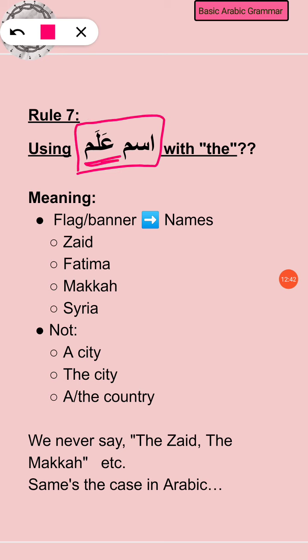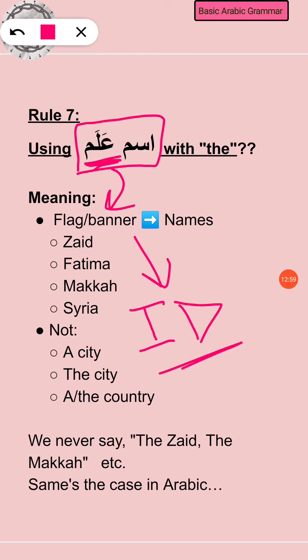Alam is the Arabic equivalent of a flag or a banner. And what do banners do? They are the identification of any place, person, whatever. So it's the ID. That's an alam. And what is the ID? That's actually your name.